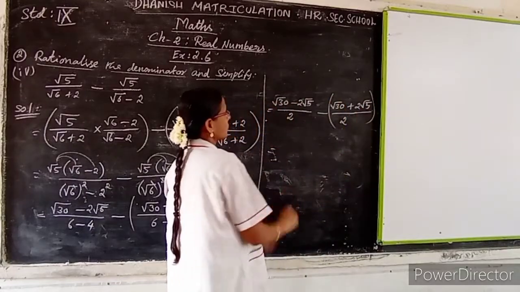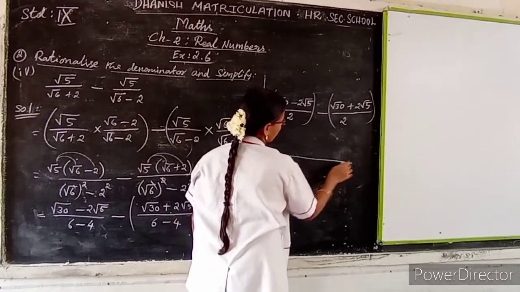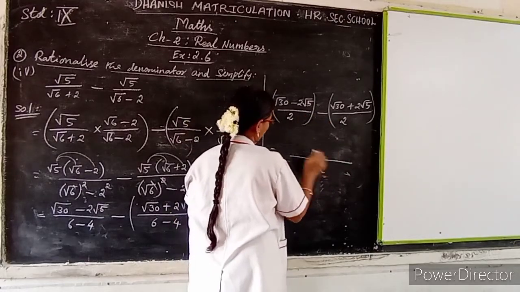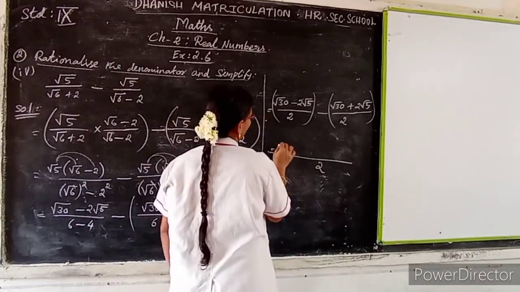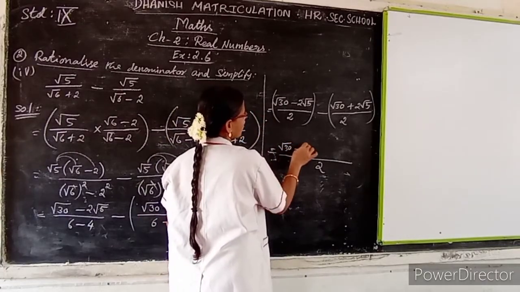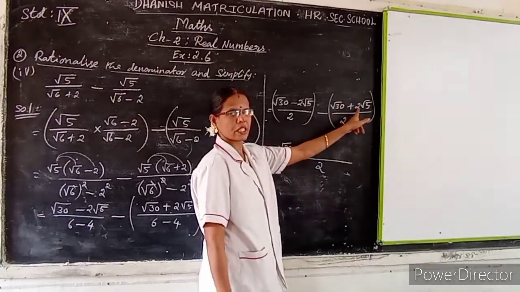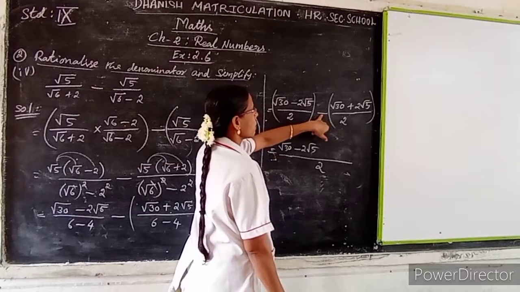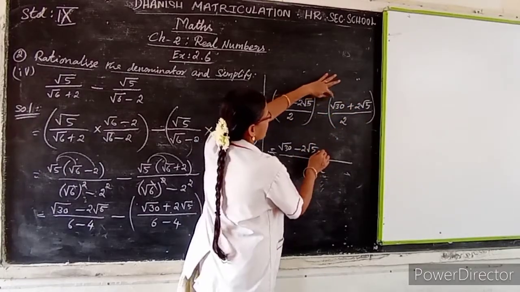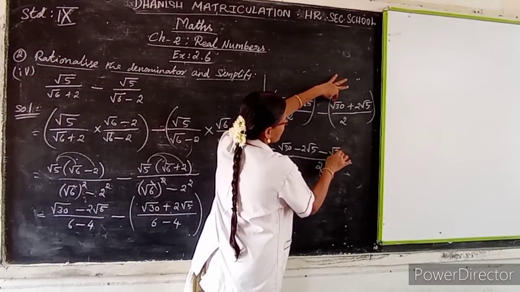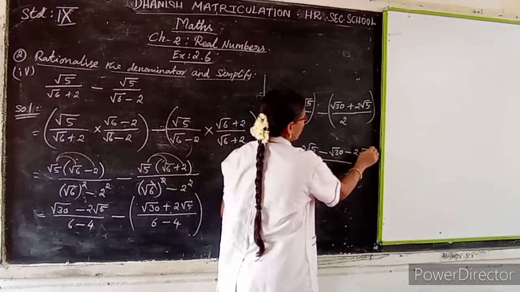Now these are two terms, the denominator is common, so take the common denominator as 2. Now simplify the numerators. Root 30 minus 2 root 5. Here this minus is common for these two terms. Therefore multiply these two terms by a minus. So this term becomes minus root 30. This term becomes minus into plus, minus 2 root 5.